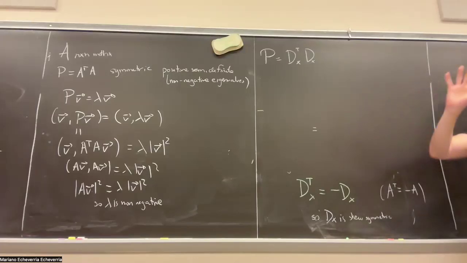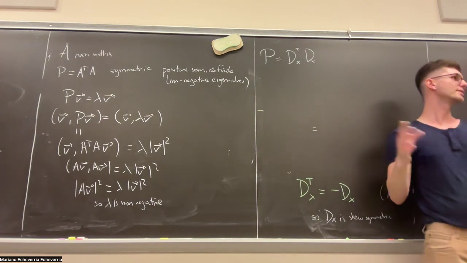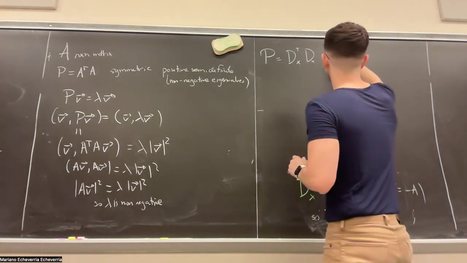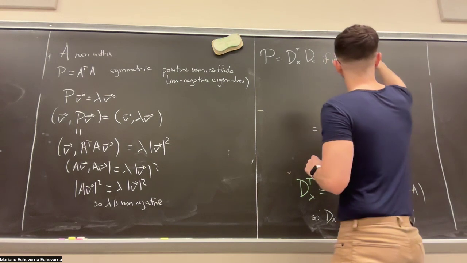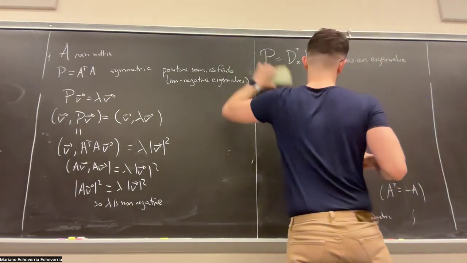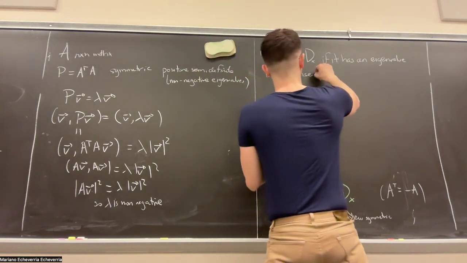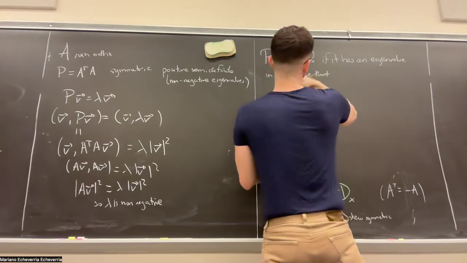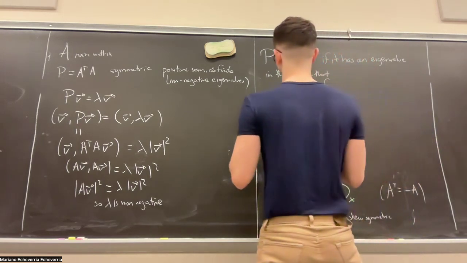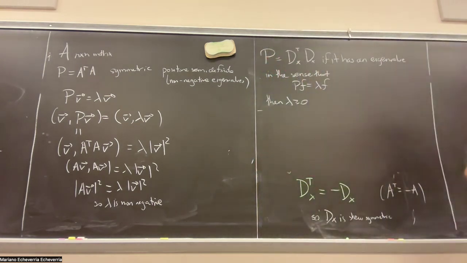You can go into the details, but whenever it has an eigenvalue, it will be a real number. So essentially the same proof will work. If it has an eigenvalue, in the sense that P F equals lambda F, because now this is for functions, then you can show that lambda has to be greater than or equal to zero.